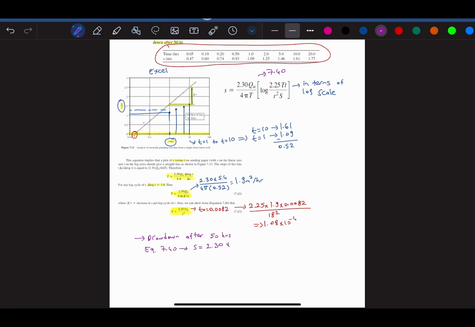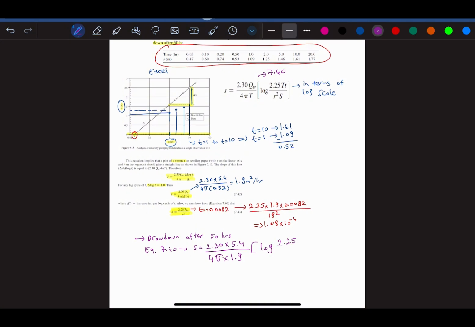So we have 2.30, we have 5.4, 4 pi, we have transmissivity, and then log 2.25, transmissivity as 1.9, and T is 50 hours over r square, which is 18, which is the distance, and we have storage coefficient.